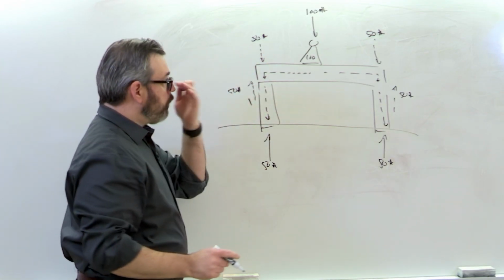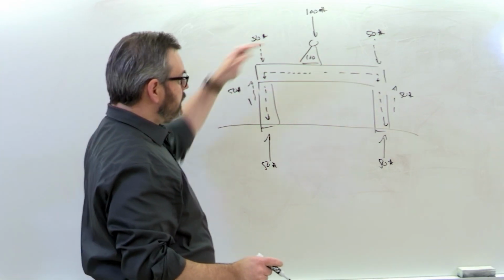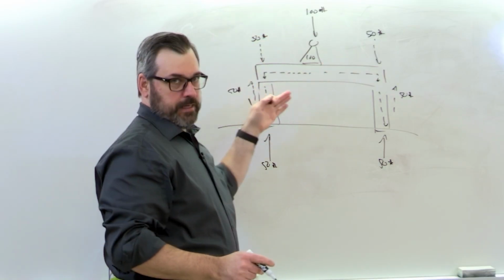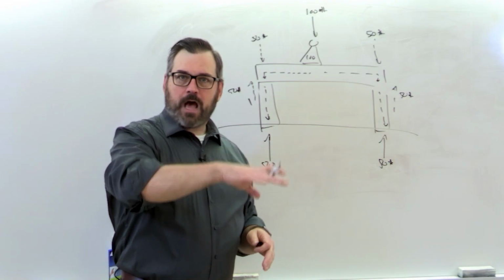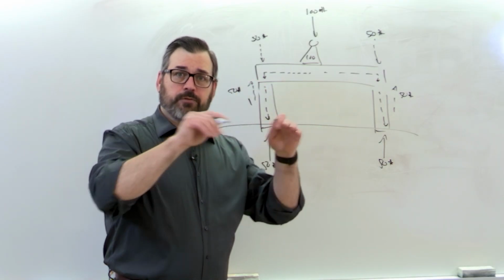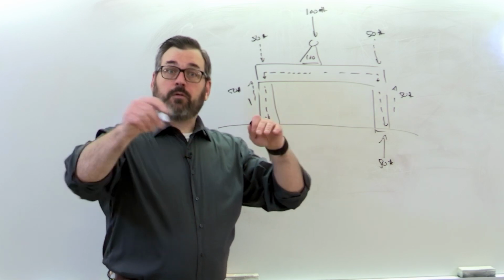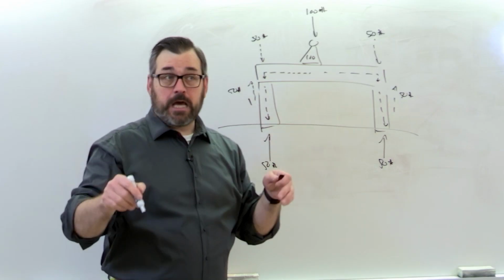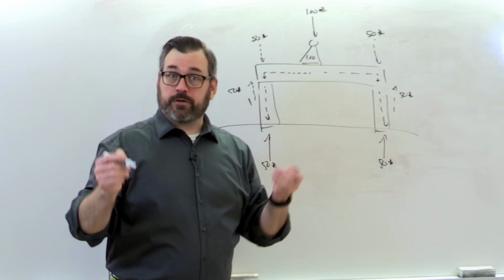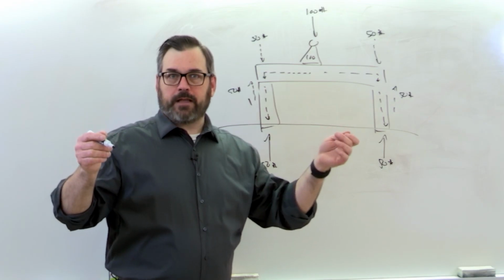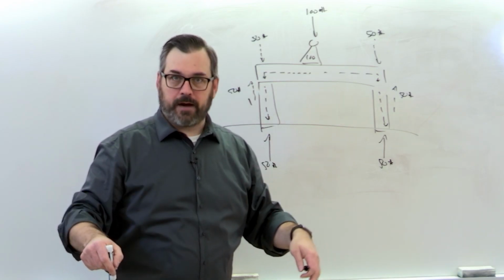When our structures get more complex, when it's not just a beam and two columns, we might have a series of beams and a plywood sheet on top of it. That plywood sheet is going to act like a beam and transfer load to each of the other beams, which are then going to transfer the load to legs or to another beam that supports those. And then that last beam will transfer that load to legs, which go down to the ground.